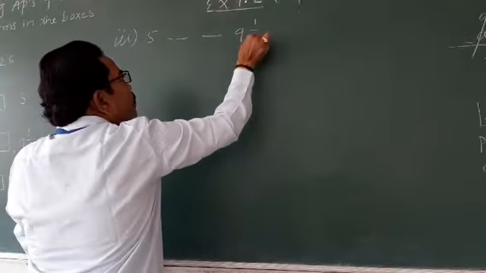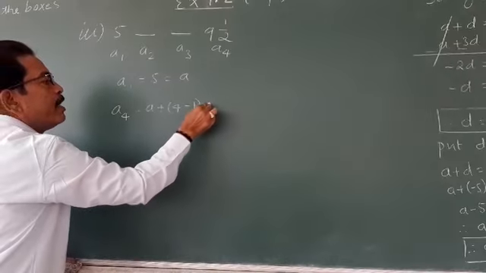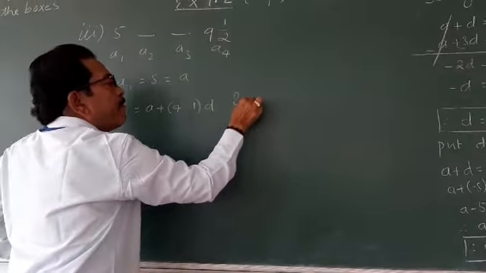A4 equals a plus 4 minus 1 into d, referring to a nth equals a plus n minus 1 into d. A4 is 9 integer 1 by 2 equals 5 plus 4 minus 1, that is 3, into d.